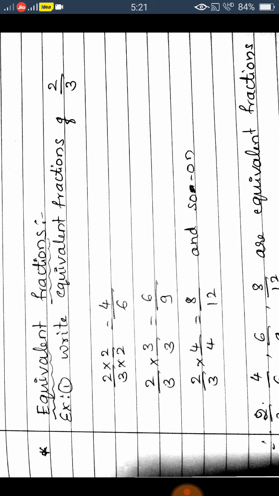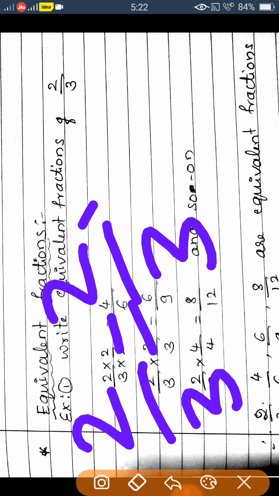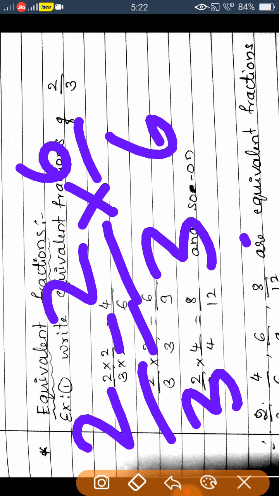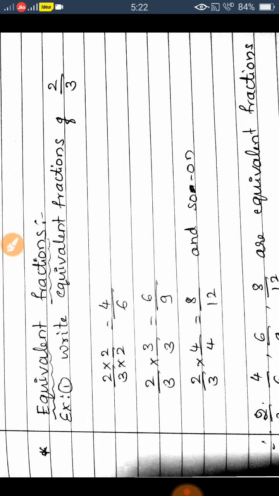Another, if you want, 2 by 3, you may choose 2 by 3 into 6 by 6. 2 into 6 is 12, 3 into 6 is 18. So it is also an equivalent fraction.